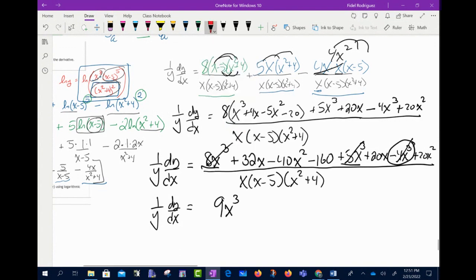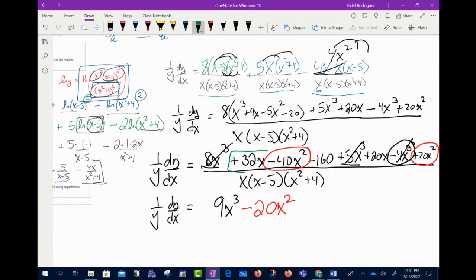Okay. Let's do the same thing now. Let's take care of our x squared. Look, y'all, what about a minus 40x squared and a plus 20x squared? Negative 20x squared. Okay. Let's take care of our x's next.